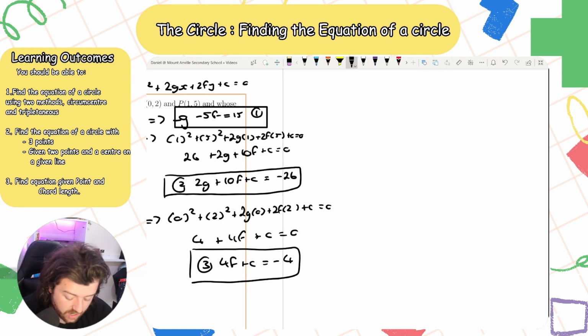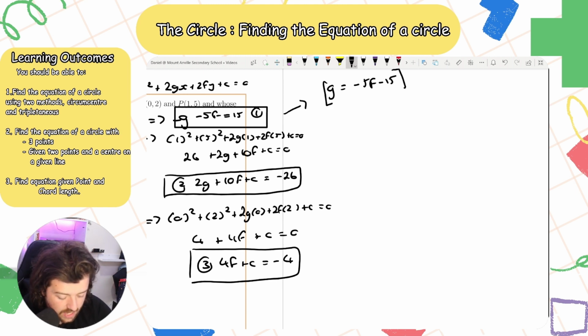So I'm noticing here, how about I have minus G minus 5F equals 15. Let's get G on its own here. G is equal to minus 5F minus 15. That's what I know G to be. Let's sub that now into my second equation to get something in terms of F and C. So I have 2 times minus 5F minus 15 plus 10F plus C equals minus 26.